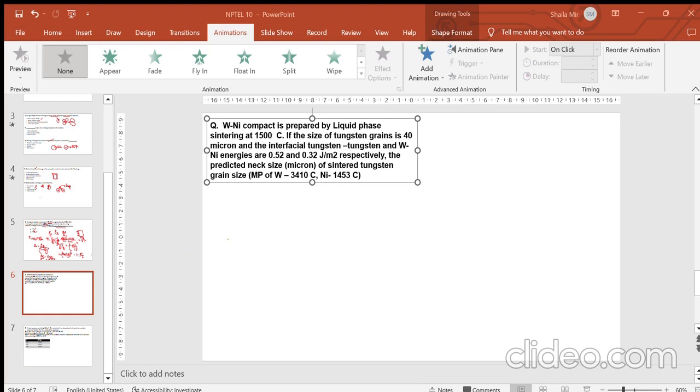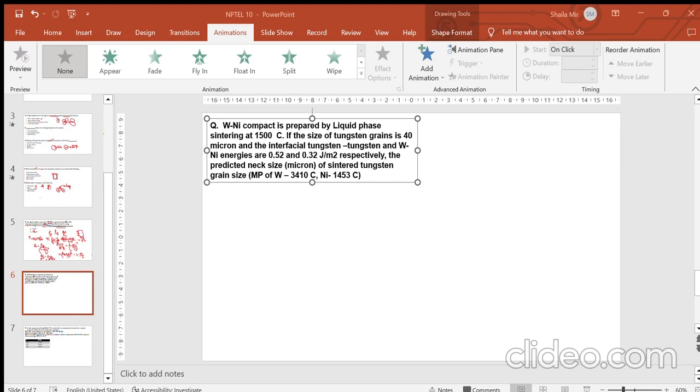For example, we can say that the interaction of tungsten-tungsten, this is the vertical component, will be balanced by a vertical component that is a function of the tungsten-nickel surface energies. Because this is your theta, the vertical component will be cos of theta by 2 when you balance it. So this is your surface energy between tungsten and nickel, times cos of theta by 2.